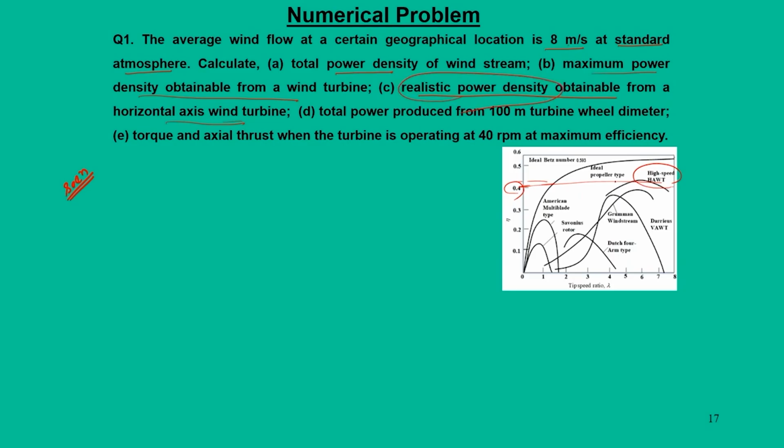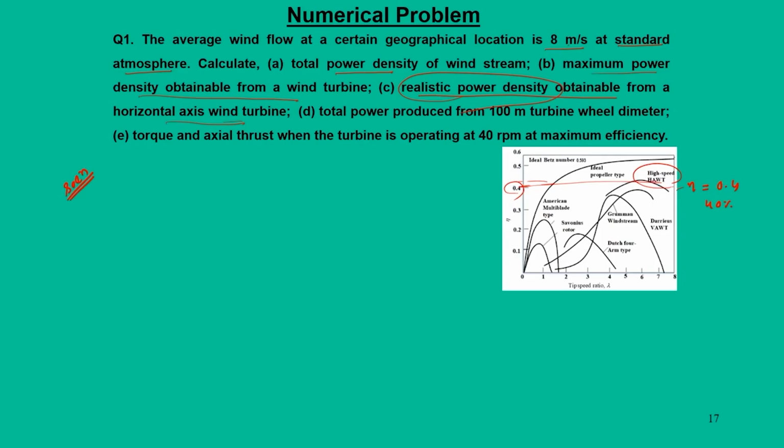And at the same location if you use a vertical axis turbine, probably efficiency may come down below 0.4. So, in this case we can say realistic power density, for which efficiency can be treated as 0.4 or 40%.